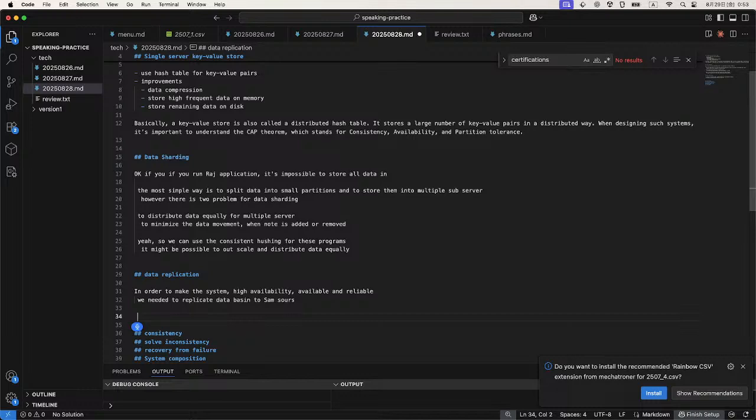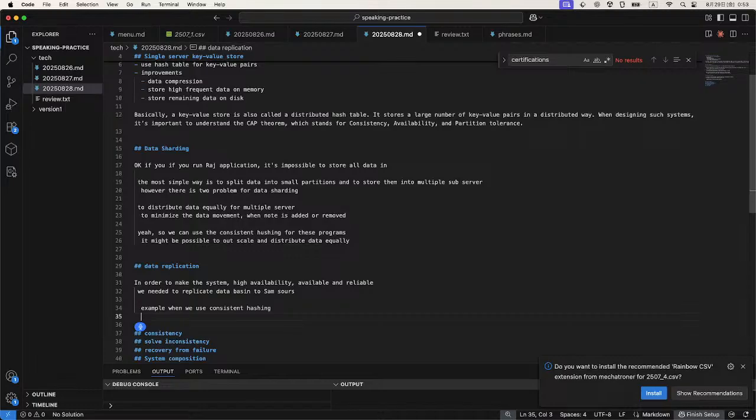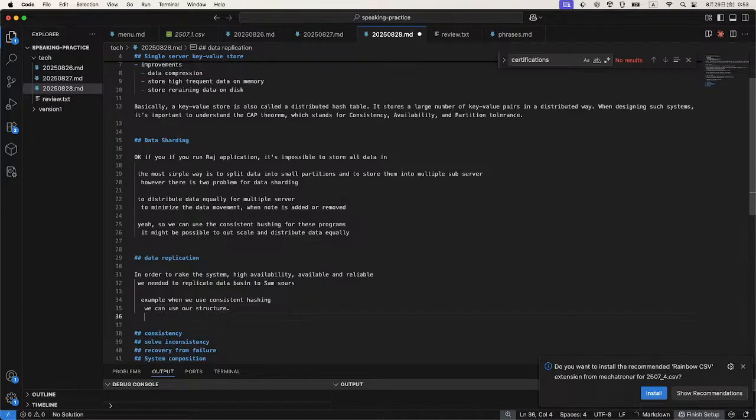For example, when we use consistent hashing, we can use a ring structure. We can choose the number 3, that is the number of servers used for data replication.